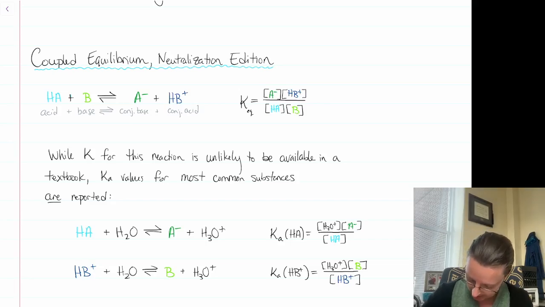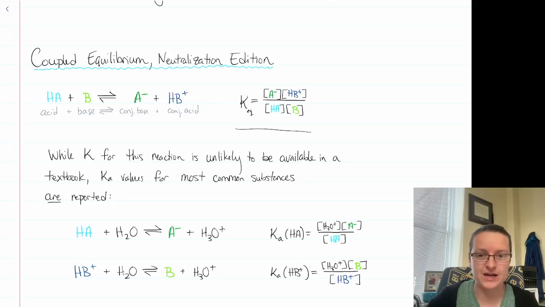So if we write down the Ka expressions for both of those, both in terms of equation and in terms of the K value, you might notice that there's actually a lot of similarities between what's shown there and what's shown if I write down the K equilibrium expression for the neutralization reaction itself.